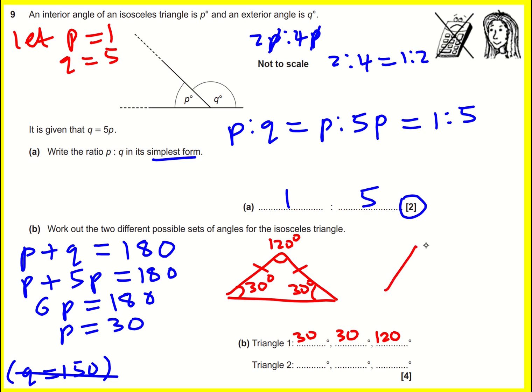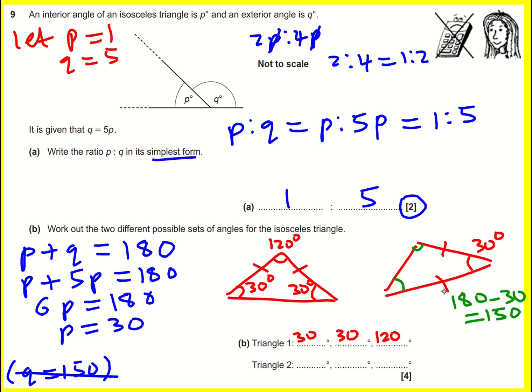We're going to get another case, and I don't think this one's going to be drawn accurately this time, but what about if these two sides are equal? So now I don't have the 30 degrees. I've got that these two are equal. Now they don't look equal, but that's because I've not drawn it accurately. I can work these out because I can do 180 minus 30, which is 150.